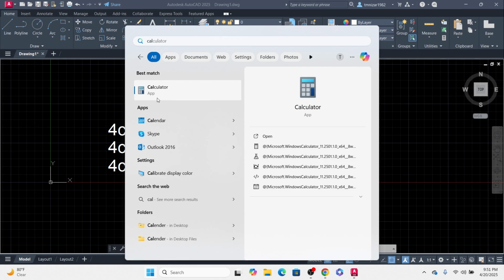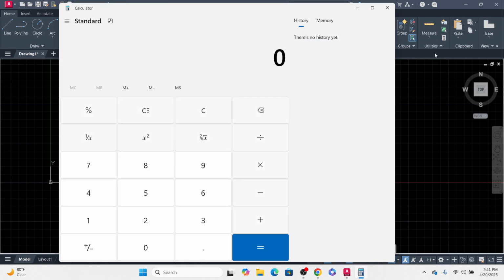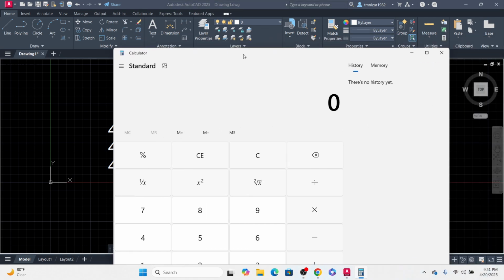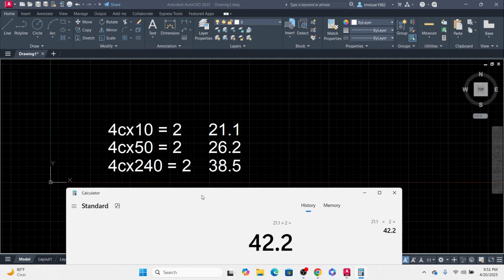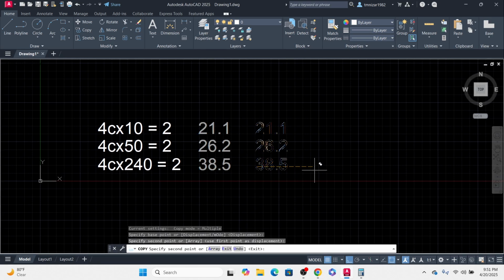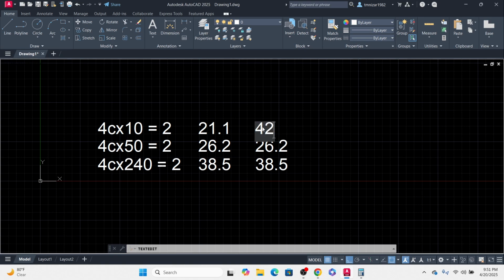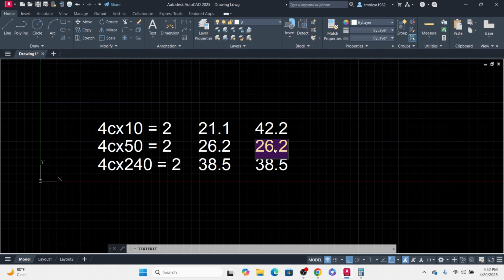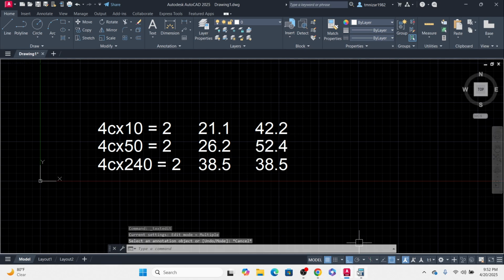Okay, let's select the calculator. I have two cables of 21.1. 21.1 into 2, meaning 42.2. So let's type that now, 42.2. For 26.2 into 2, 52.4.